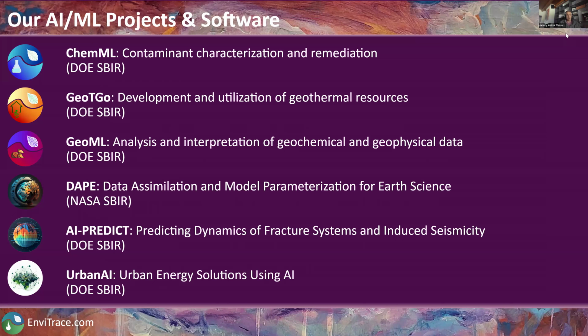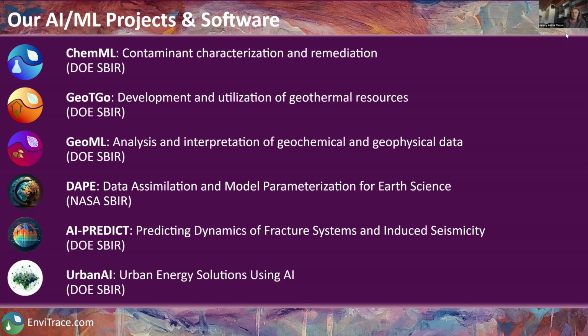This is important for groundwater contamination, for air contamination, many cases where you have data which characterizes contamination existing in the environment. We have applied and developed machine learning methods that can help to solve this problem. The second project that we're currently actively working on is geothermal utilization.